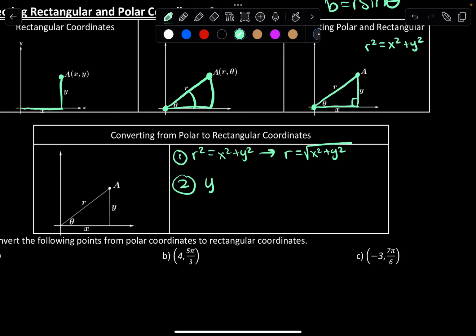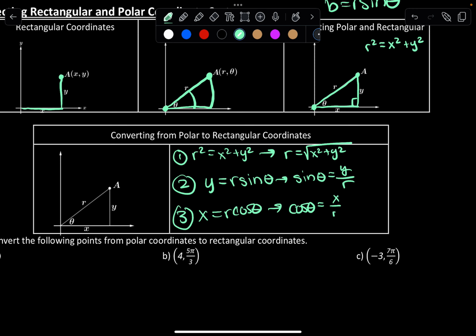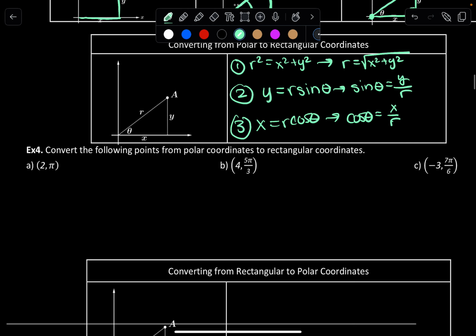It will be y is equal to r sine theta, and by extension, sine theta is equal to y divided by r. The third one is x is equal to r cosine theta, and by extension, cosine theta is equal to x over r. And this is what we use to convert between these two dimensions. So going from rectangular to polar, polar to rectangular, we can do this. Just like in complex numbers, when we went from rectangular to trig, this is what we're going to use.